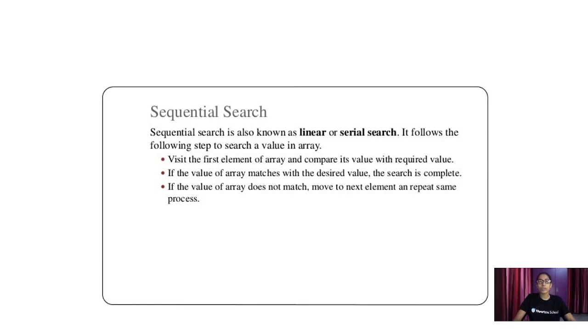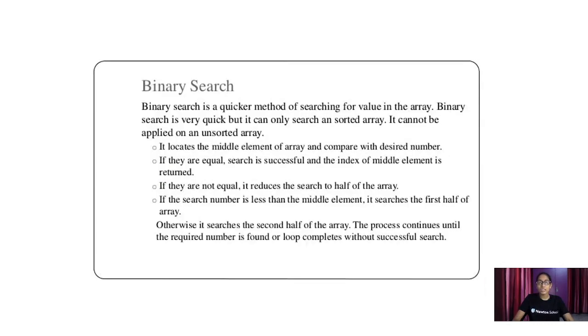It follows these steps: first, visit the first element of the array and compare its value with the required value. Second, if the value of the array matches the desired value, the search is complete. Third, if the value does not match, move to the next element and repeat the same process. The binary search is a quicker method of searching for a value in the array.